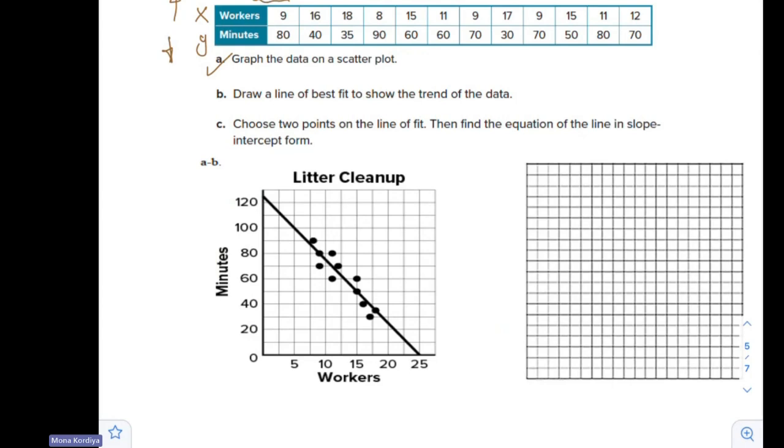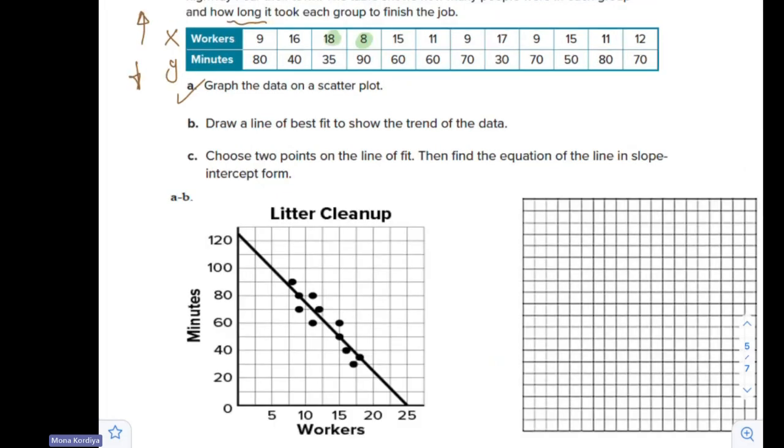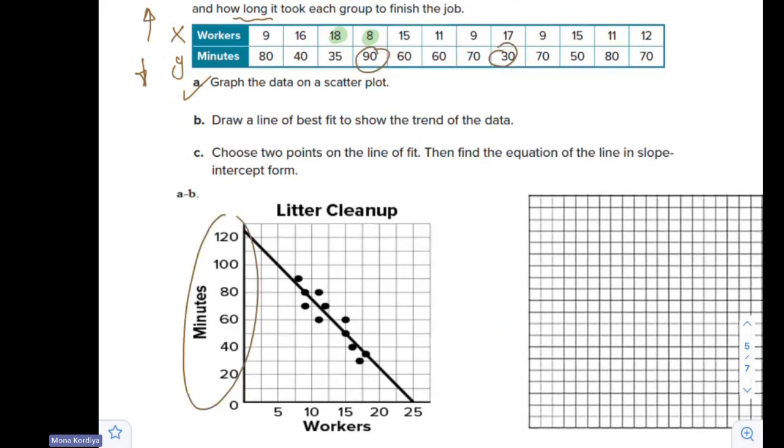If you want to choose a good scale, find out the minimum value and the maximum value, and your scale should include all of them. For the y, same thing. The minimum value here for y is 30. The maximum value here is 90. So the y-axis should include all the data needed. And when you plot the points, you will find, as we expected, a negative correlation. It's decreasing, as you see here.